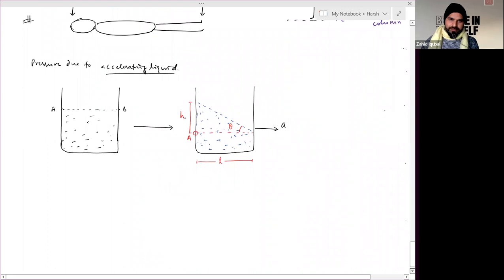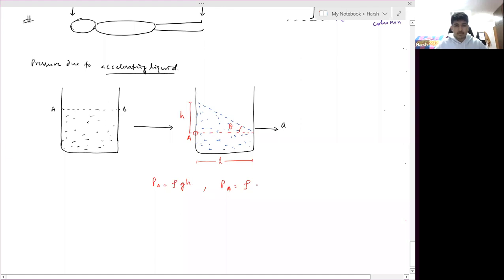Now, if you find the pressure due to this vertical column at point A, the pressure at point A due to the vertical column is rho g h. But if I calculate using this acceleration towards the right, this pressure will also be due to the acceleration: density of liquid, acceleration in the horizontal direction, which is a, and the column of liquid in horizontal position, which is L. These two pressures will be equal to each other.